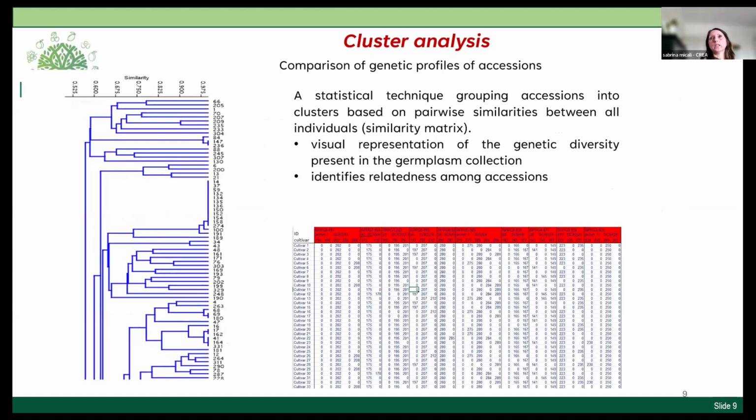Another way that we can use and visualize our molecular data is through cluster analysis, which is a multivariate statistical technique that groups accessions into clusters based on a similarity matrix, which is calculated from pairwise similarities between all individuals.